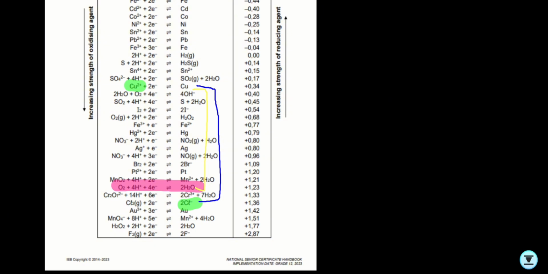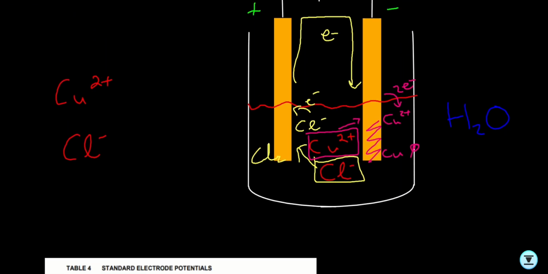And that's really upsetting because that means that water's actually going to be oxidized in preference to chlorine because it's closer to copper, which means that the energy to make this reaction happen is actually less than the energy that would be required to make this reaction happen. Cool. So what that essentially looks like on our diagram is that our copper reaction would stay exactly the same.